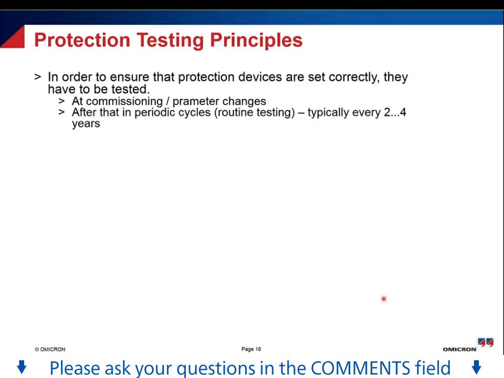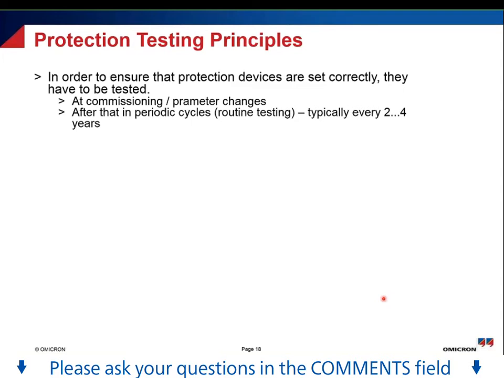That is a very, very challenging problem for protection relays, and you typically don't find out whether something goes wrong until you have a fault and something really goes wrong. So you don't know if a relay is not working correctly anymore. In order to avoid misoperation during a fault, you need to test the relays.